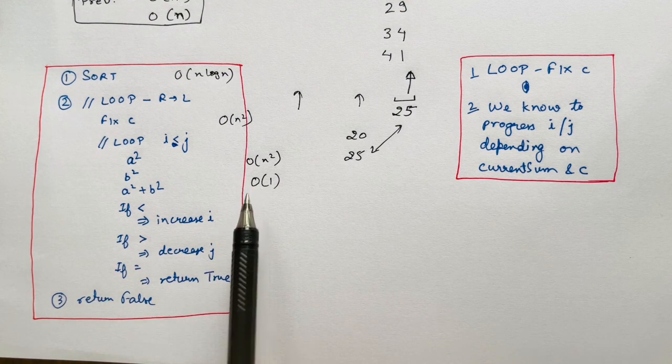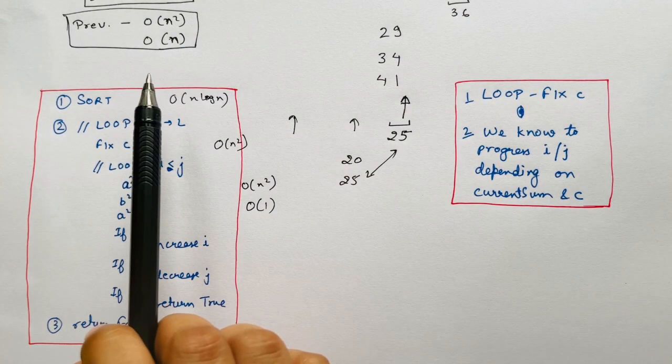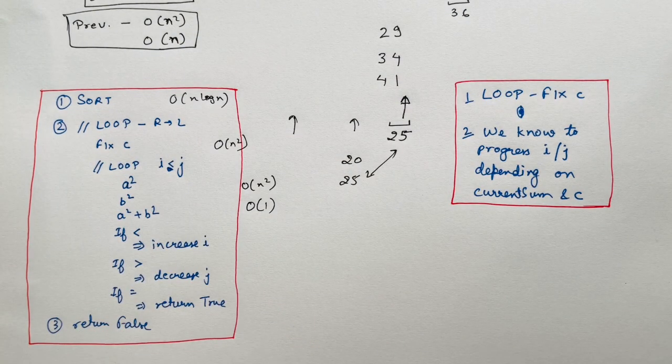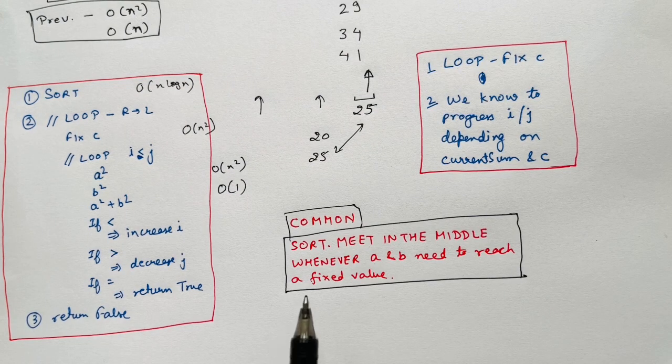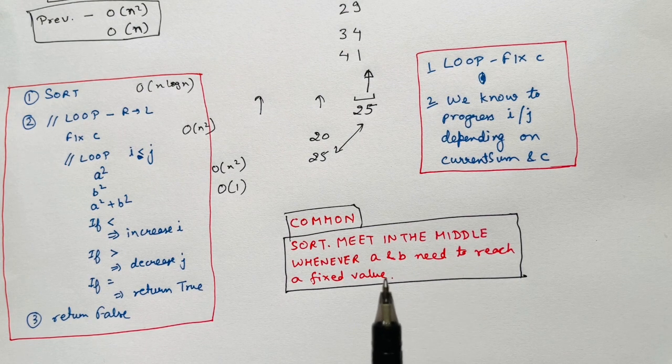So this is better than our previous approach. This is also a very common technique where we sort the elements and then we use the meet in the middle approach. We can apply this whenever A and B, or basically any two elements of the array, need to reach a particular value.